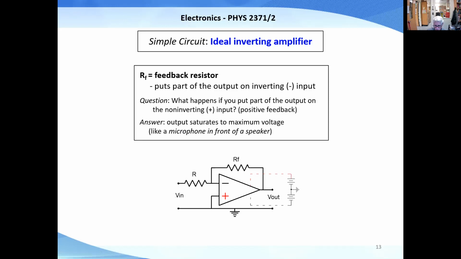Then the amplifier amplifies that, puts out a louder sound. That louder sound goes into the microphone. That's amplified again, and it goes round and round until the whole thing saturates, and then the amplifier puts out a squealing noise, very high frequency, out to the speaker. So that's what happens when you have positive feedback. But we're having negative feedback. We're putting it back onto the negative side.